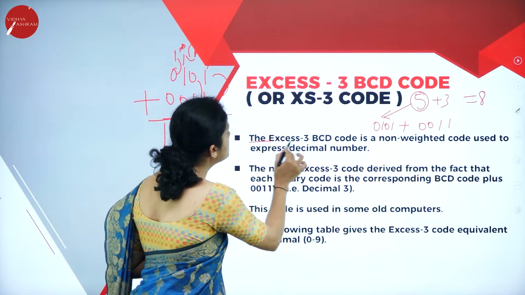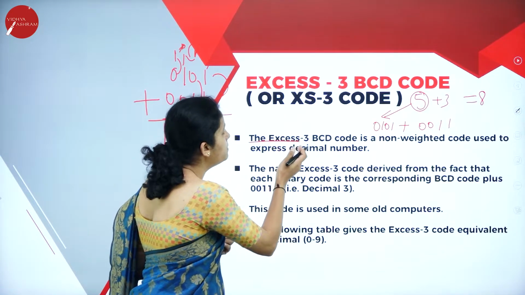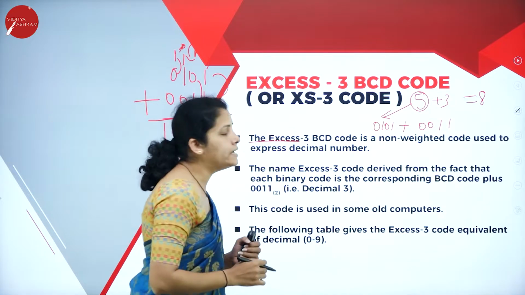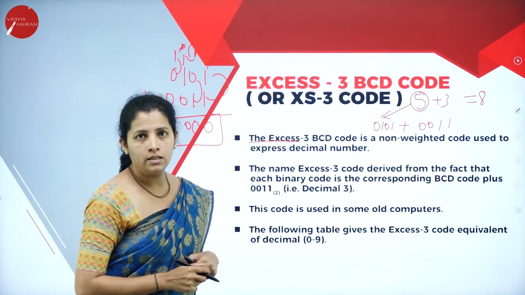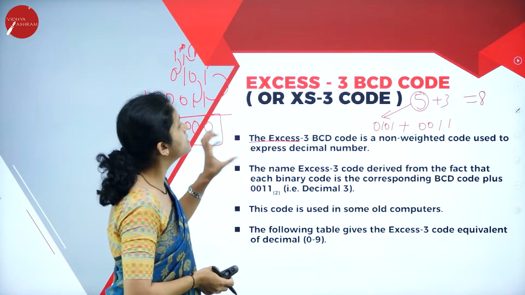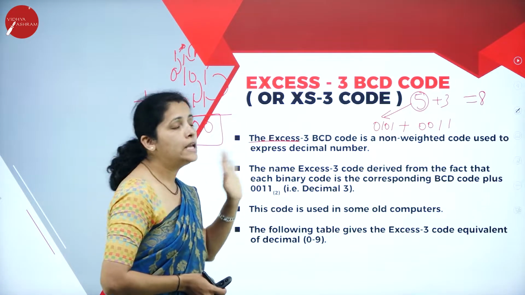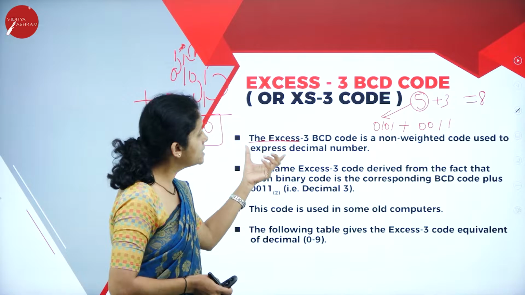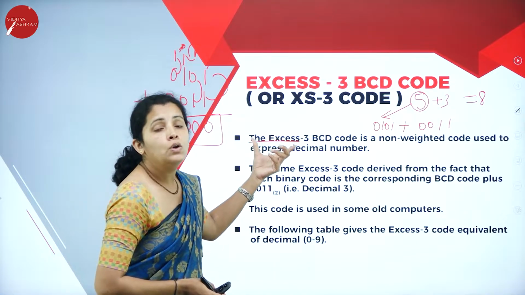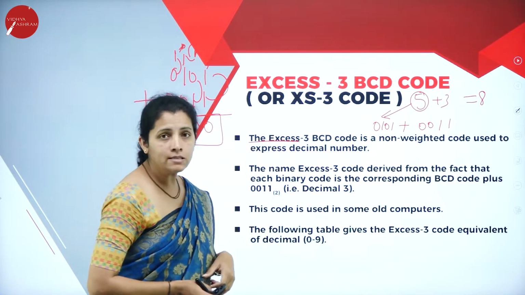So the Xs3 BCD code is non-weighted. That means to convert to Xs3, I'm not going to follow any weights. This is the example for a non-weighted number system.